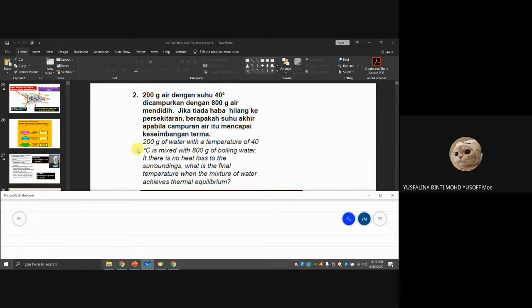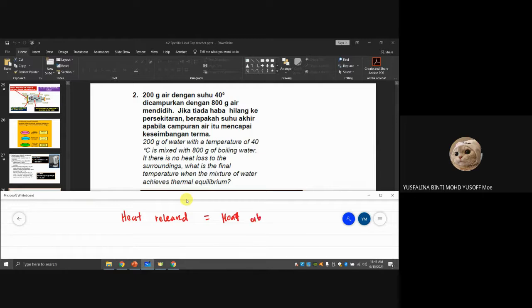Which one loses the heat? Of course, the boiling water loses the heat, while the 40 degrees Celsius water receives the heat from the boiling water. So I make the equation: the heat released is equal to the heat absorbed.